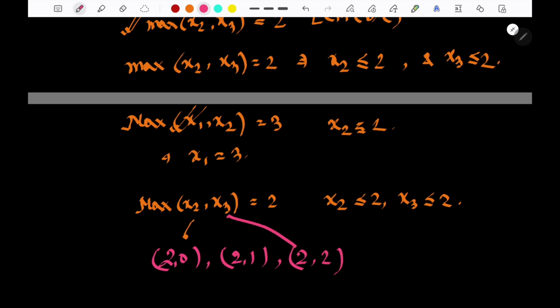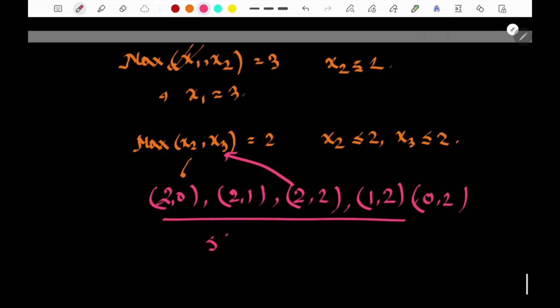Even if I take 2, 2, the maximum will be 2. Again I can take 1, 2, and 0, 2. So how many possibilities? 5 possibilities for exponents of 2.